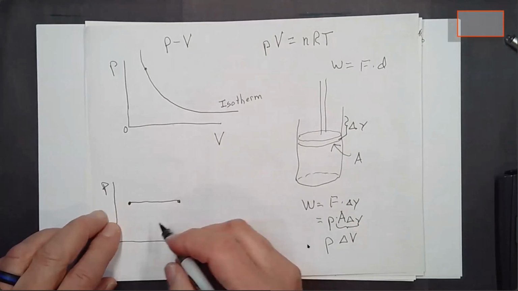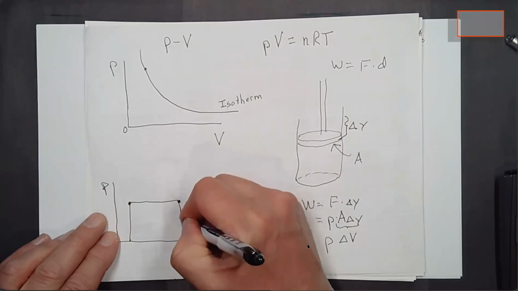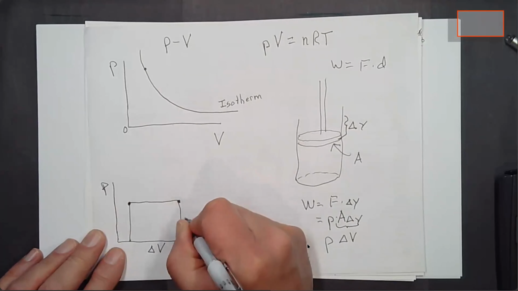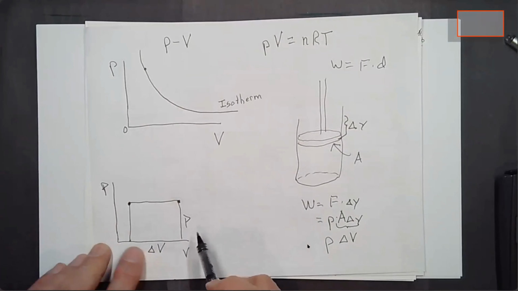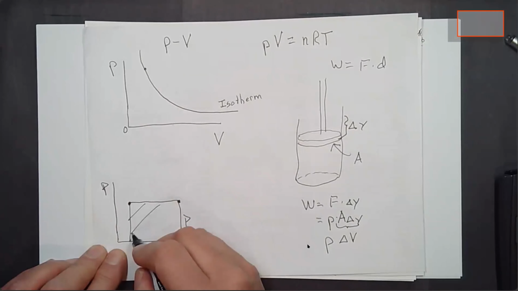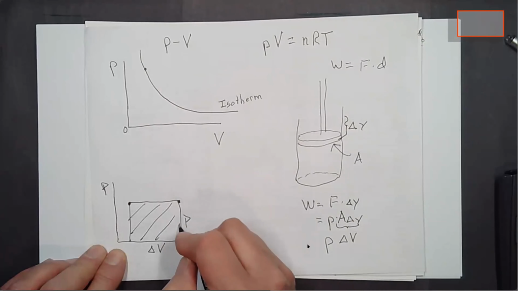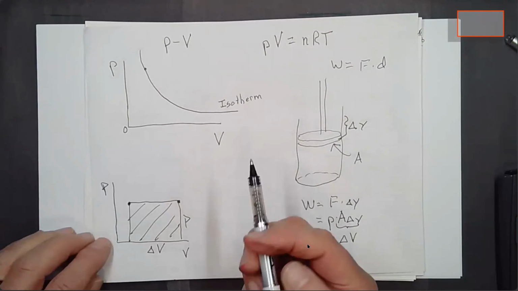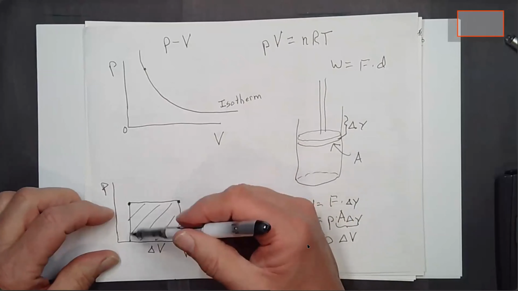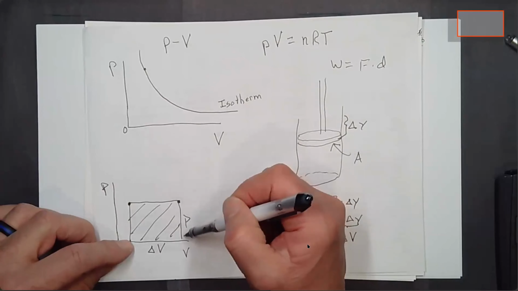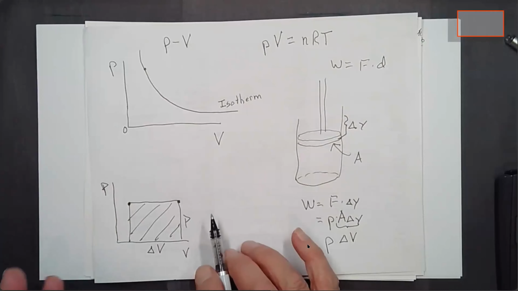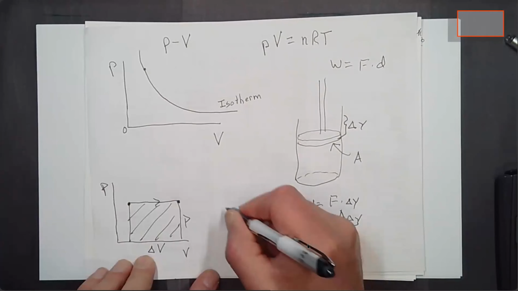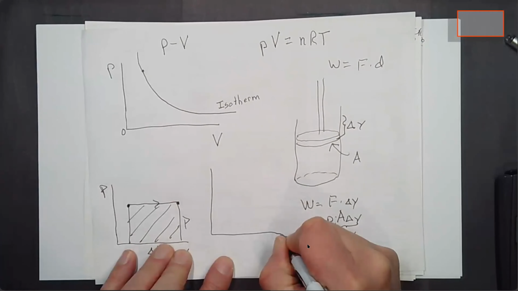Well, that's kind of what I drew here. The axis down here would be delta V, and this would be whatever the pressure happens to be. And so here, the work that would be done by the gas is just going to be the area, in air quotes because it's not actually an area, but it's the area that you can draw under that PV diagram. It turns out that's always the way work is calculated, but sometimes the shapes aren't so nice.